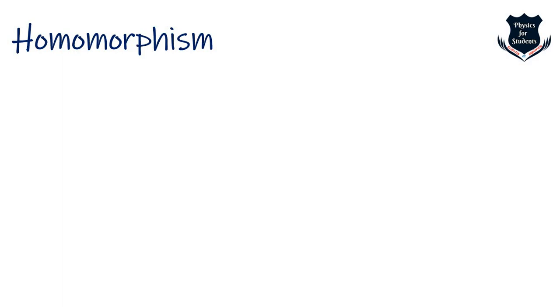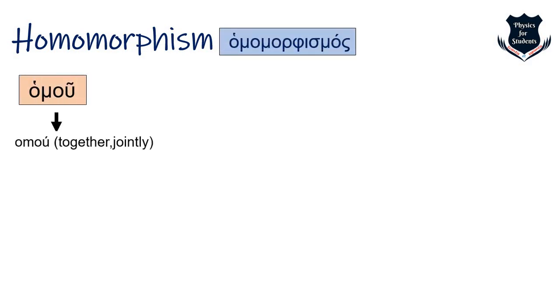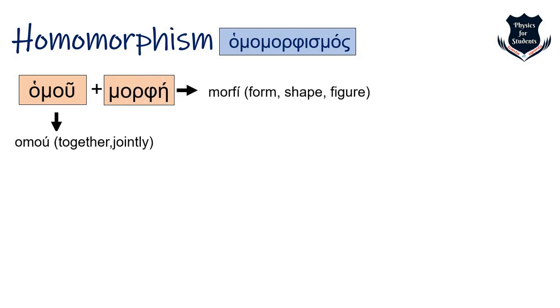First, we would like to go back to our roots, as you understand that roots are something which we always try to go back to, and it is better that we know our roots. So this term homomorphism comes from a Greek term, and it is actually a combination of two terms, homo, together or jointly, plus morphe, which means form, shape or figure.